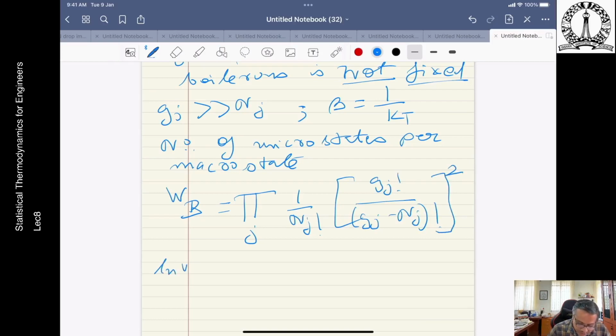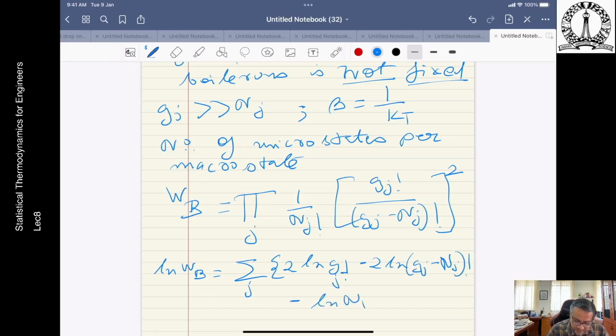Now if you take a log of Wb, you now have a summation over J and this 2 comes out, 2 ln Gj factorial minus 2 ln Gj minus Nj factorial minus ln Nj factorial.